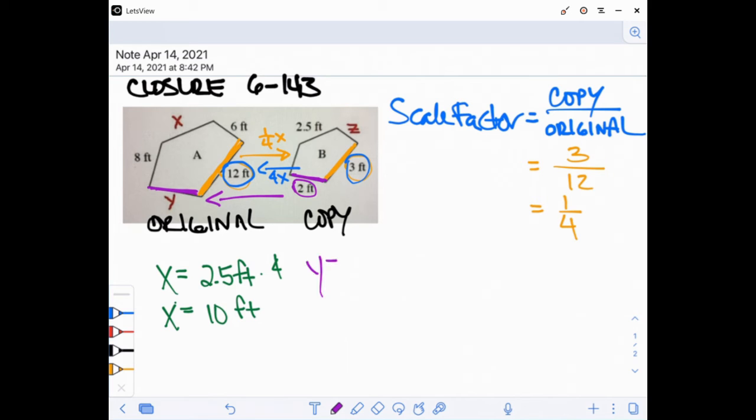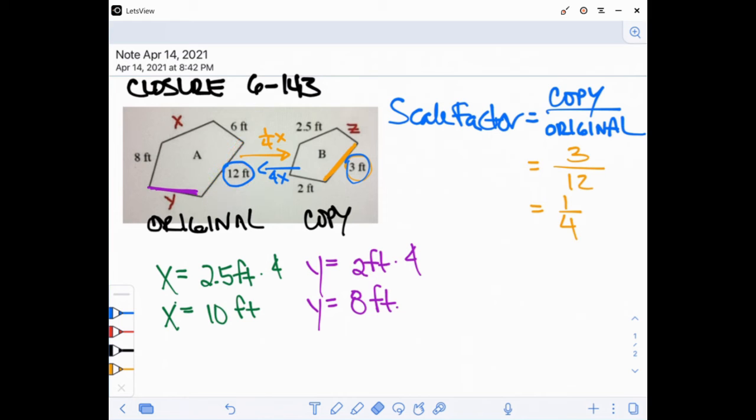So we could say side Y equals 2 feet times 4, because that's the scale factor going from copy to original, going back to the original size. It's 4 times as big. So side Y equals 8 feet.